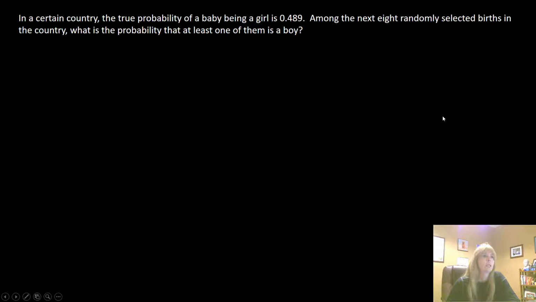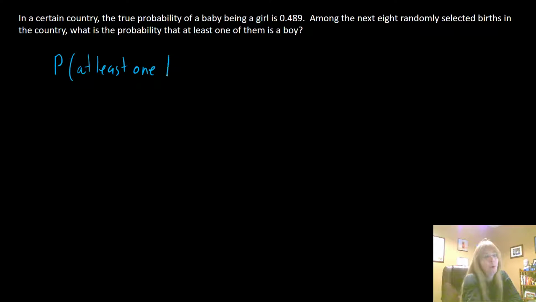All right, in a certain country, the true probability of a baby being a girl is 0.489. Among the next 8, so now we're looking at sampling 8, what is the probability that at least one of them is a boy? So once again, the probability of at least one boy, like that other one, would equal 1 minus the probability of no boys.